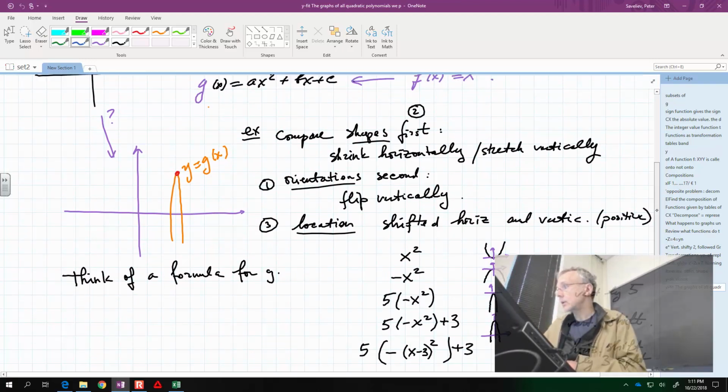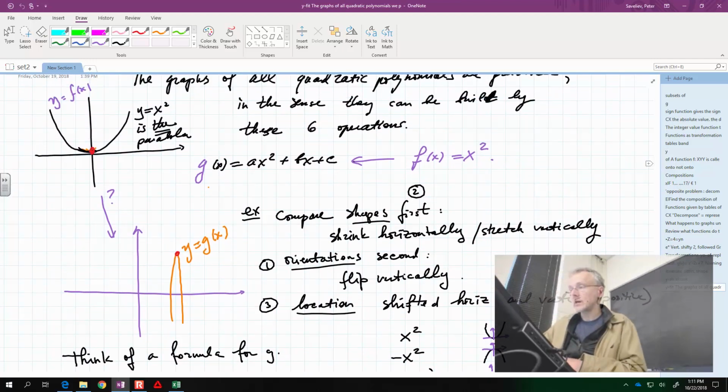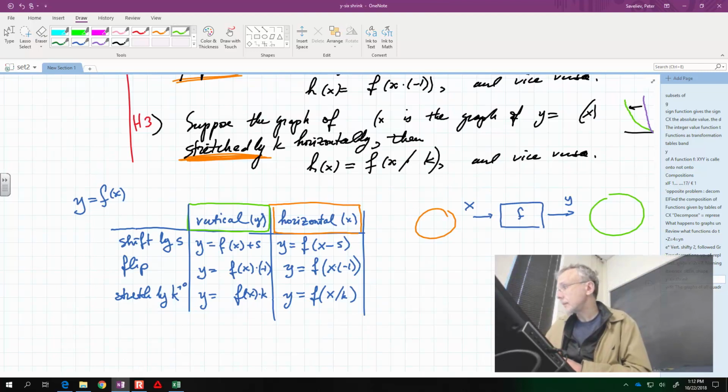And that's what we have discovered. These are 3 steps over there. We compare shapes first, and it appears to be thinner or slimmer, which means that we either shrink horizontally or stretch vertically. We choose to stretch vertically because it is simpler. If you look at it, stretch vertically is you multiply by k on the outside rather than anything on the inside, which is just more complicated.